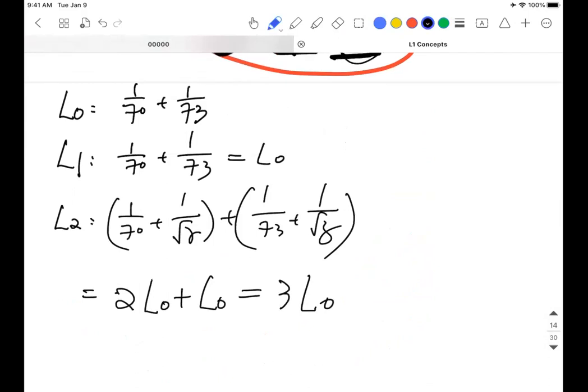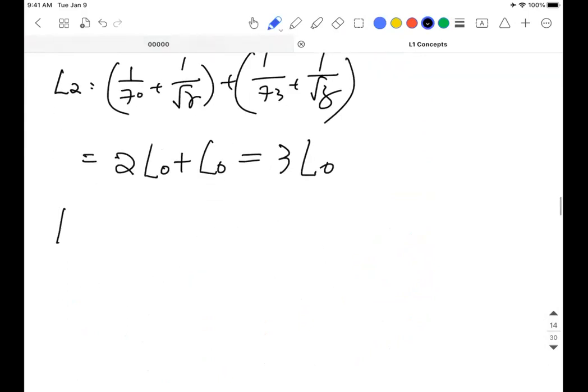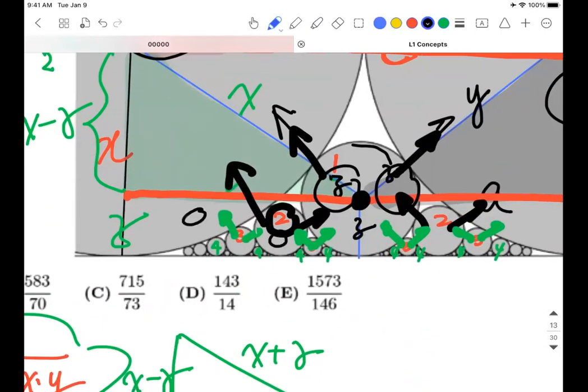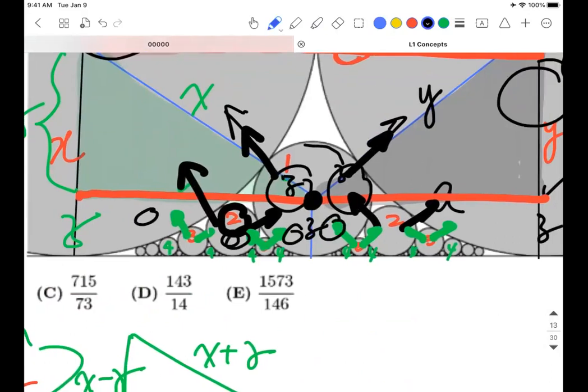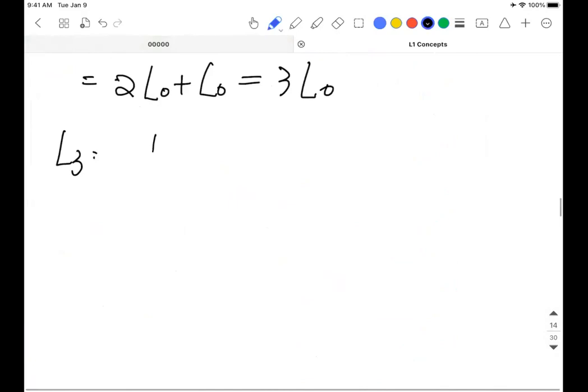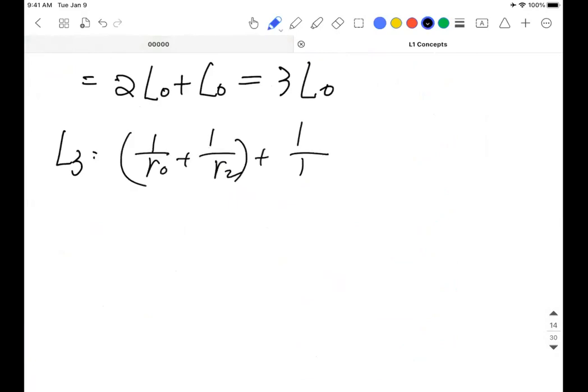Very understandable. And then what about my layer 3? Layer 3 will be, like I said, layer 0, layer 2, layer 2, layer 1, layer 1, layer 2, layer 2, layer 1. Right? So that's going to be 1 over R0, 1 over R2, 1 over R2, 1 over R1.